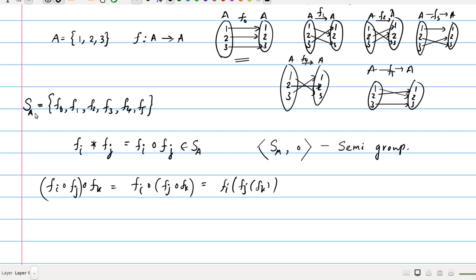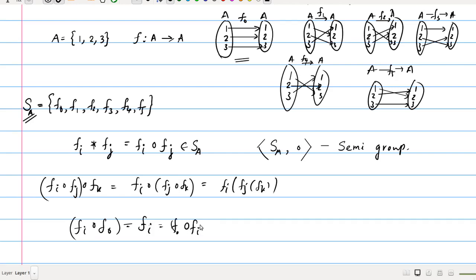So if you consider any S_A, this function f naught is always there, and this f naught can act as the identity element. Okay, because f_i composition f naught will give f_i itself.